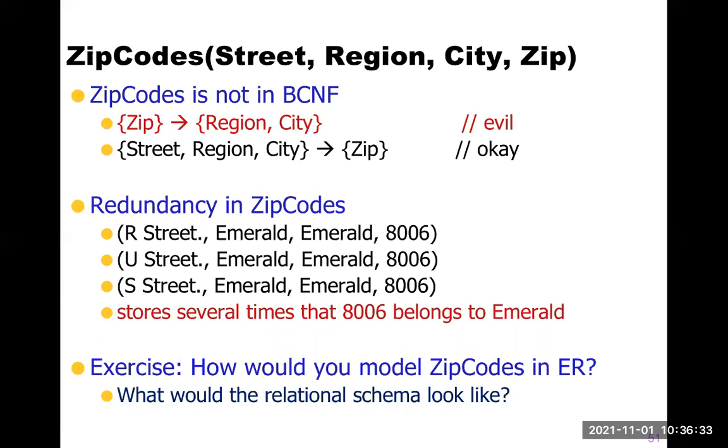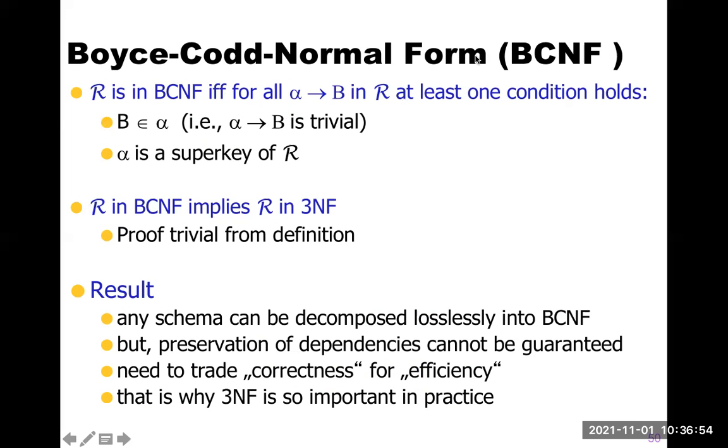So the zip code table belongs to third normal form. We checked it just a few minutes ago, but it doesn't belong to Boyce-Codd normal form. Street, region, city to zip is okay, but let's look at region and city. Region belongs to alpha.